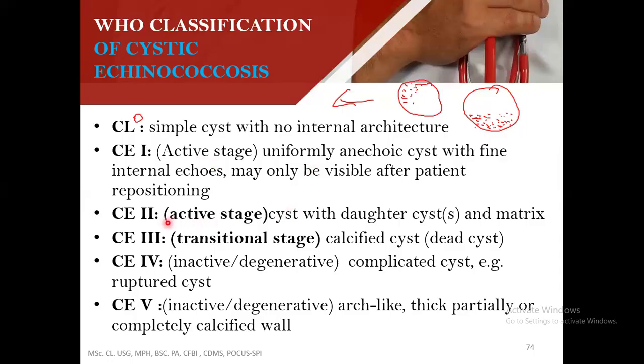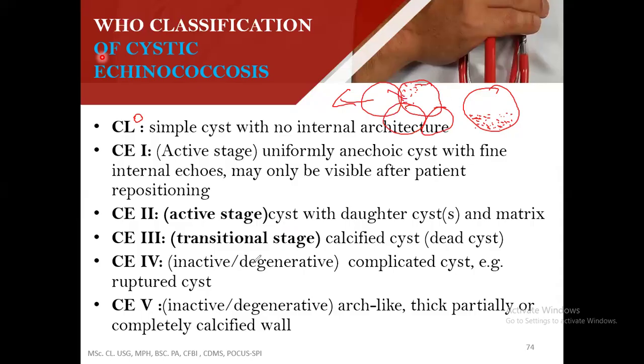Stage 2 is still an active stage. The hydatid sand may still be present, but what will help you differentiate 1 and 2 is that in stage 2 there will be daughter cysts. In stage 1, you only saw one cyst plus hydatid sand, but in stage 2, you see another cyst here, and there will be some divisions.